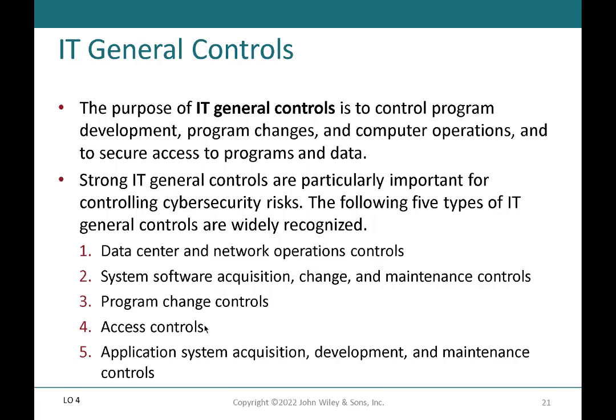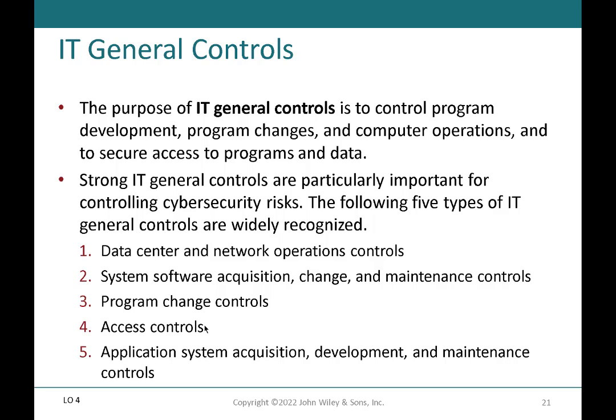And the last general IT control is the application system acquisition, development, and maintenance control. Basically this is ensuring applications such as software overseeing sales or our inventory software system are actually authorized by higher levels of management to have any changes done to them.